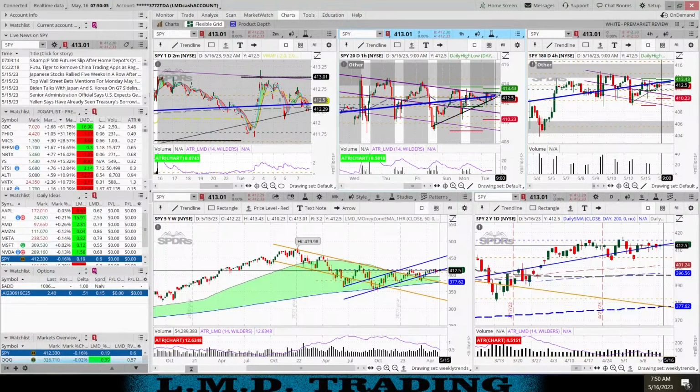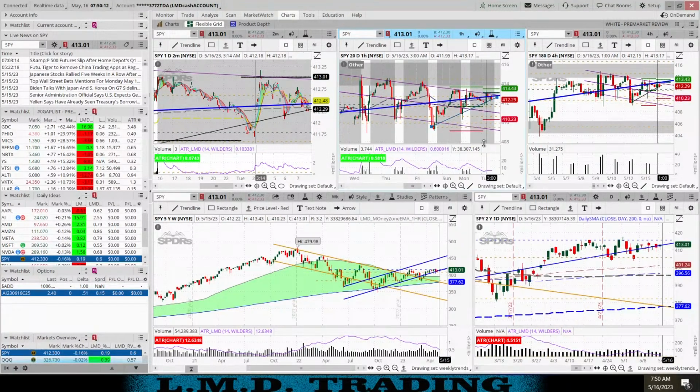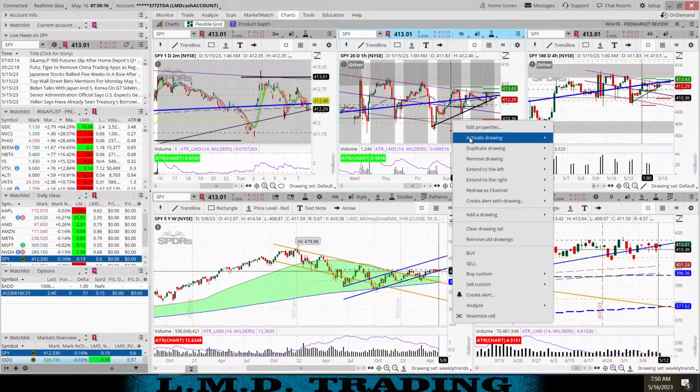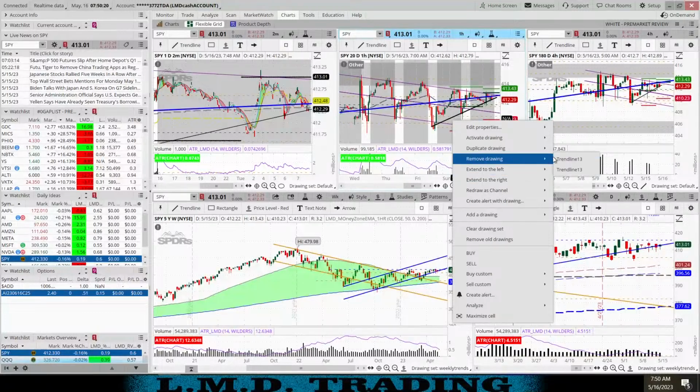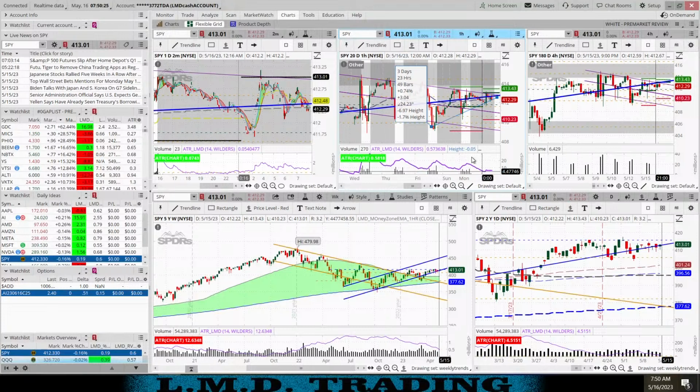If this thing does go higher, we can use this point right here. And I'll go ahead and just draw it up. I didn't want to duplicate. I want to redraw. So first what we're going to do is delete one of those. I want to redraw this as a channel.